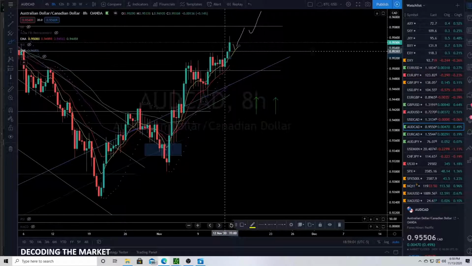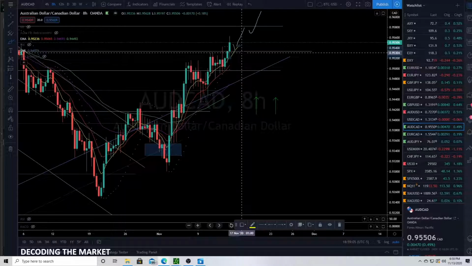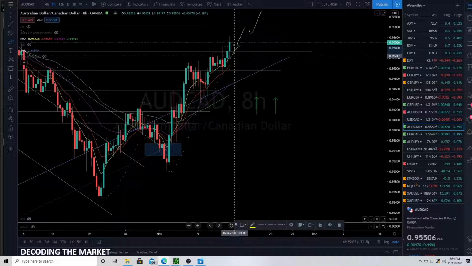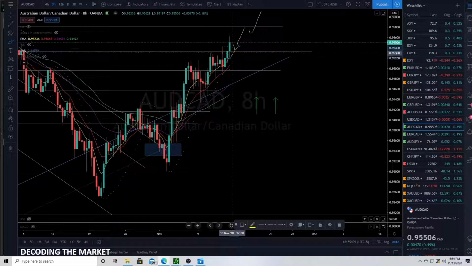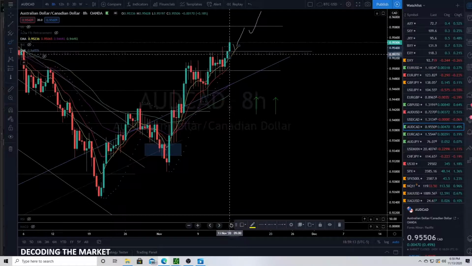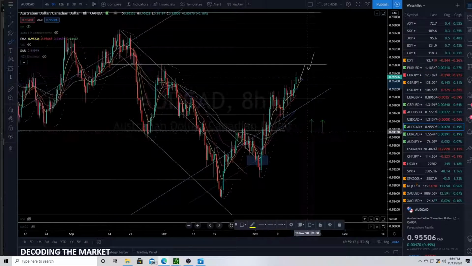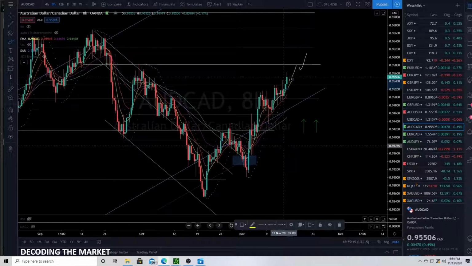When I was telling you the possibility that it comes back and tests this support, it is because as long as this EMA goes up, we have a strong support right here to continue the uptrend. That is another possibility that we have to go long in Australian dollar, Canadian dollar.